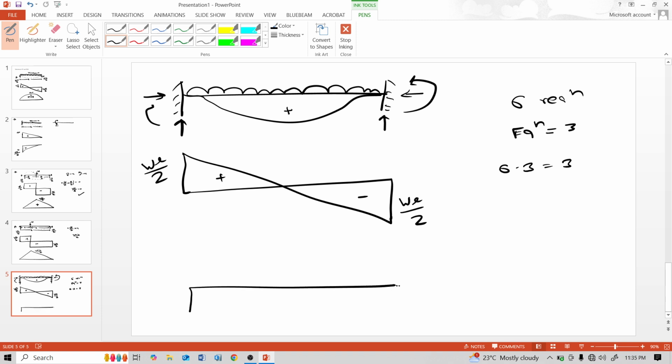Negative side and this is positive side. Sagging bending moment is positive and hogging bending moment is negative. Sagging bending moment is WL square by 24 and hogging bending moment is WL square by 12.